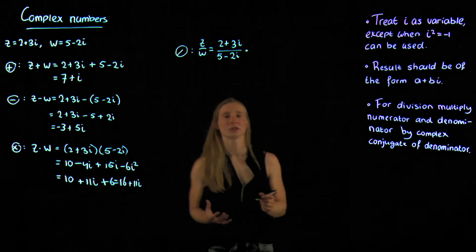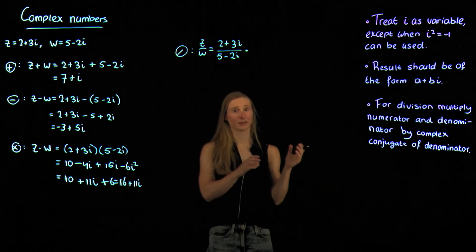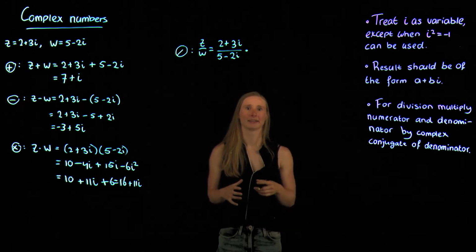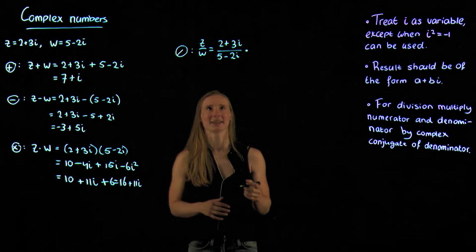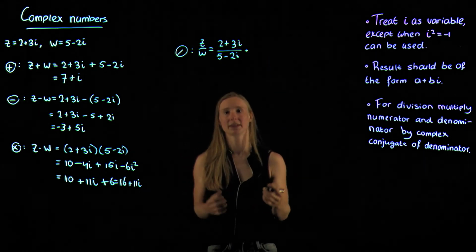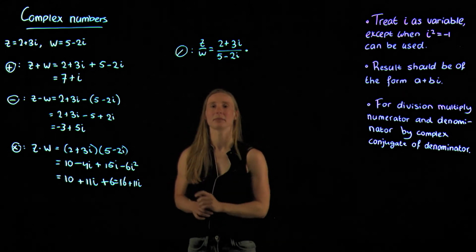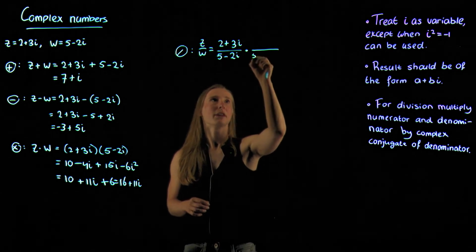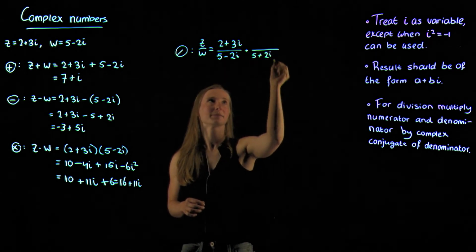And we are going to do that by basically multiplying by 1, but we write 1 in a nice way. And we will write it in a nice way by multiplying with the conjugate of this number, which means we replace this minus by a plus. So we do 5 plus 2i.